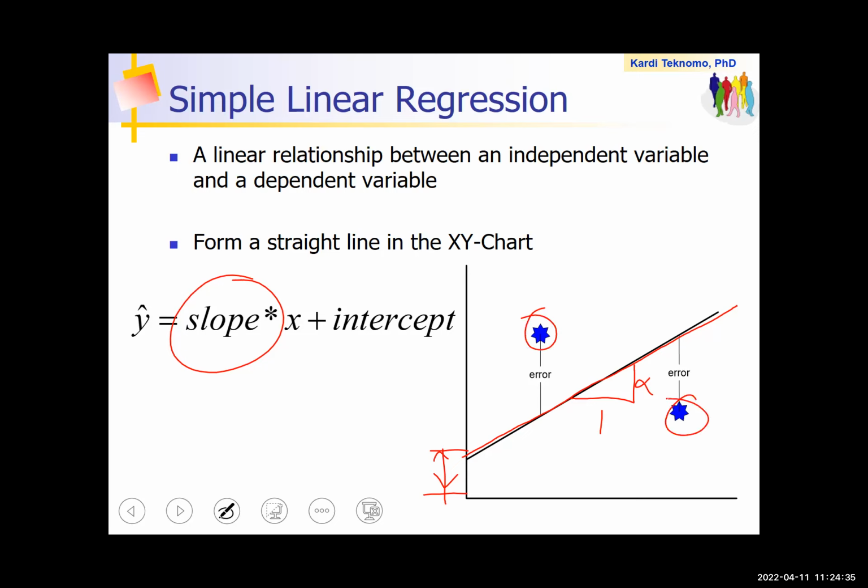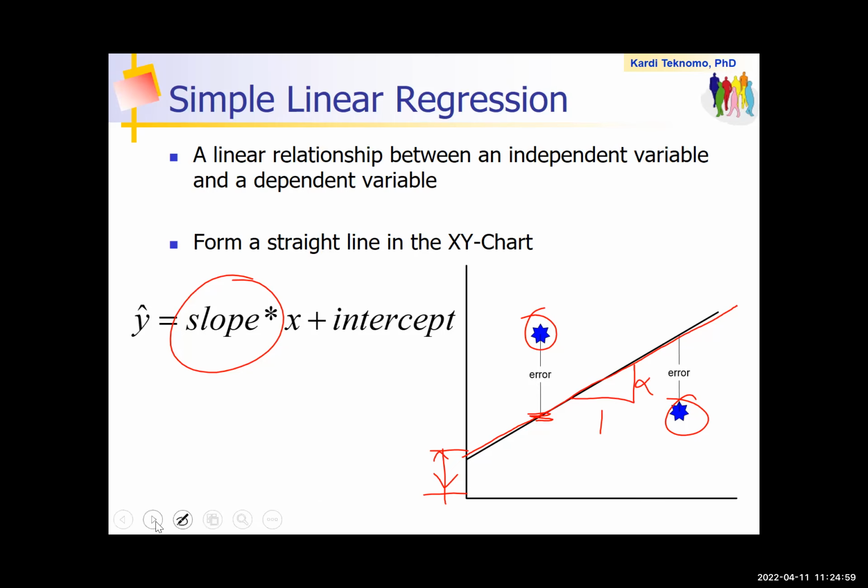It's not exactly on the line. Then we measure the error based on the vertical distance between the data points and the line model.